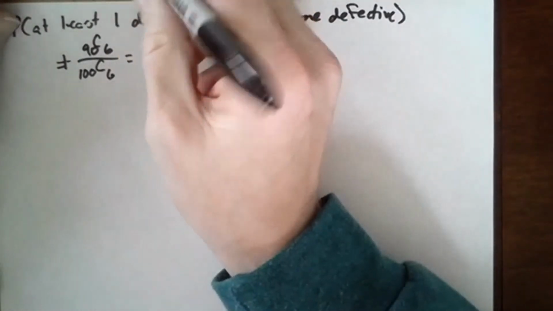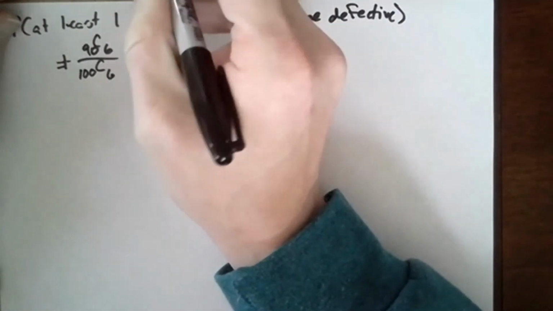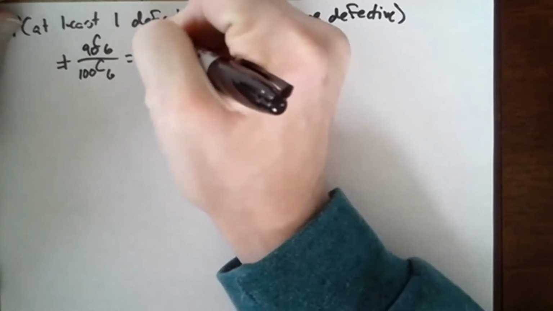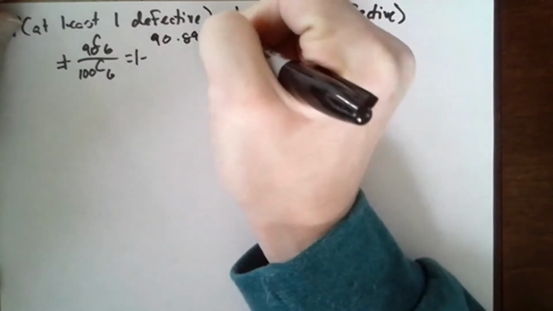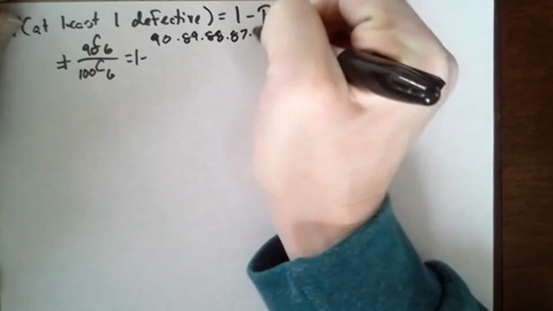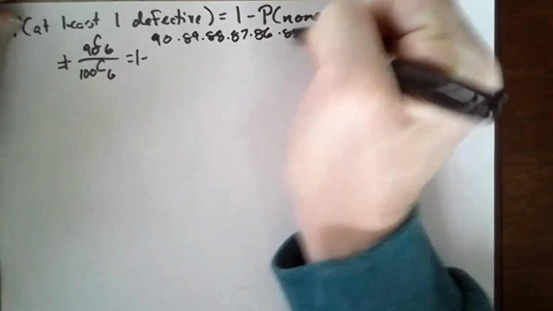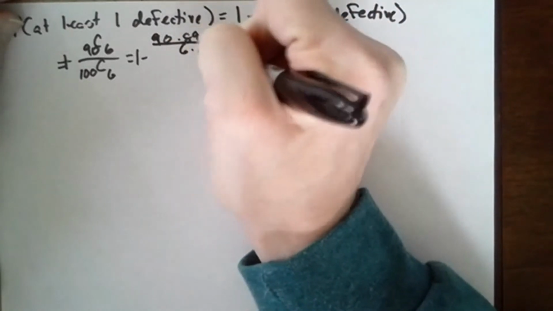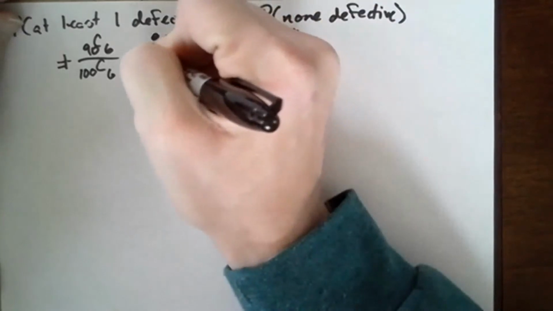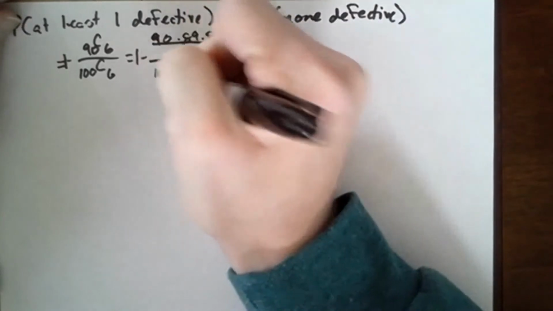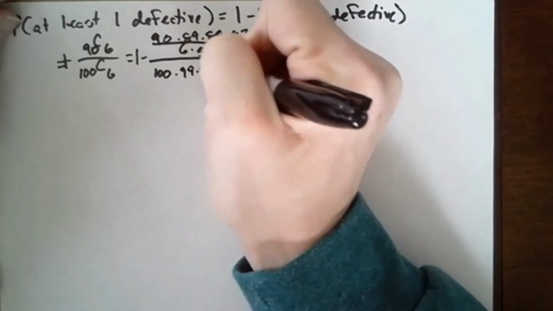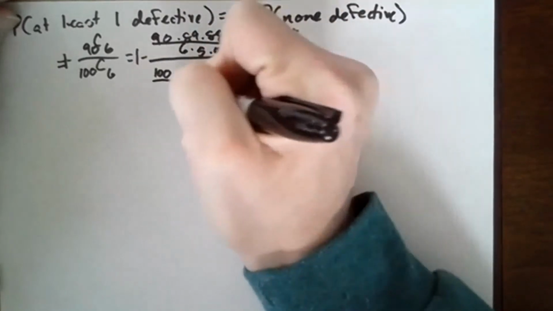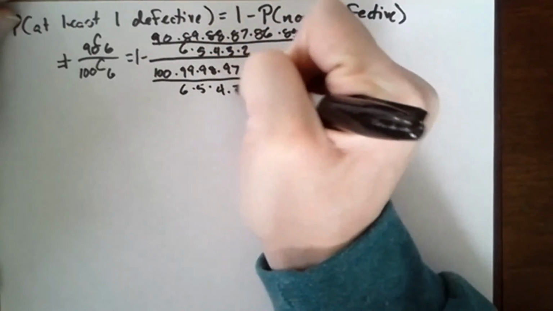Okay, well, that 90 choose 6, that's 1 minus 90 times 89 times 88 times 87 times 86 times 85 over 6 times 5 times 4 times 3 times 2 over 100 times 99 times 98 times 97 times 96 times 95 over, again, 6 times 5 times 4 times 3 times 2.